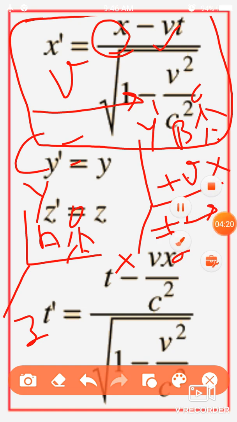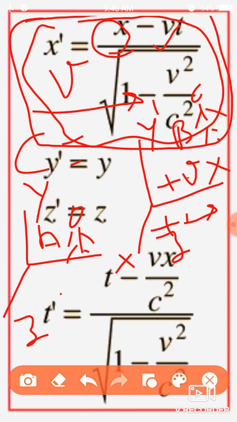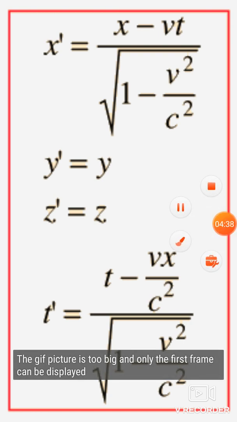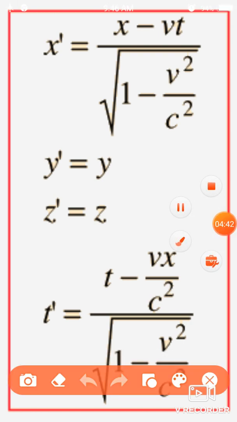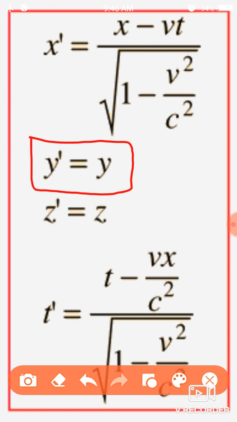But one important thing to know is that when this frame is moving along the x axis, only the x coordinate varies and changes with these relations. On the other hand, y dash is equal to y.